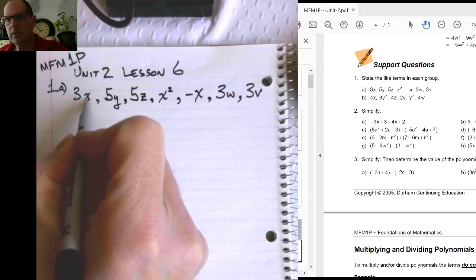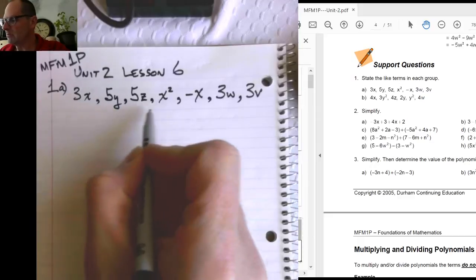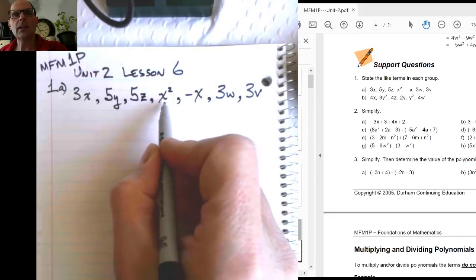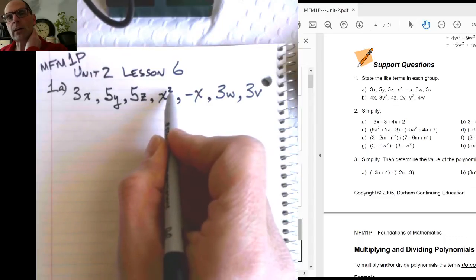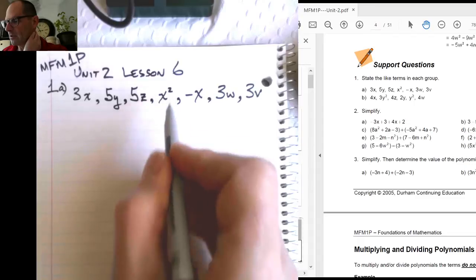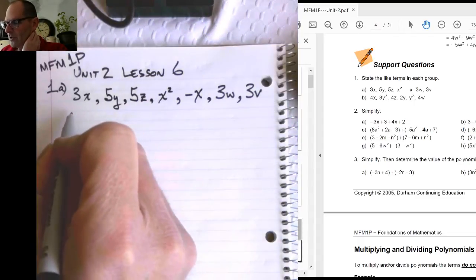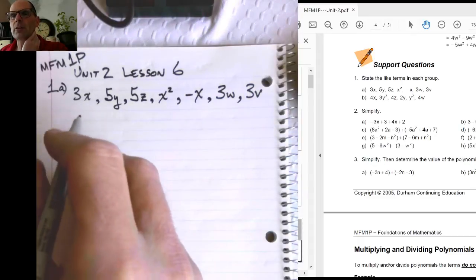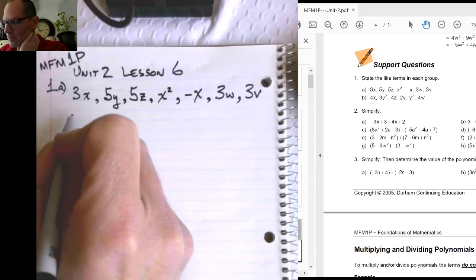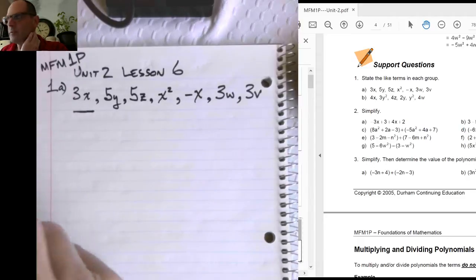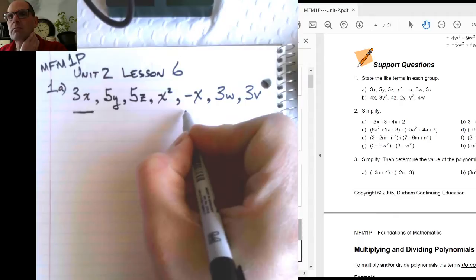We have an x term here. This is a single power x term, and this is also a single power x term. This is x, but it's x squared. So this is considered a different term because it has a power attached to it. So if we just use some little indicators underneath of these to group them together, we can say that this term, the 3x, is the same as this term.